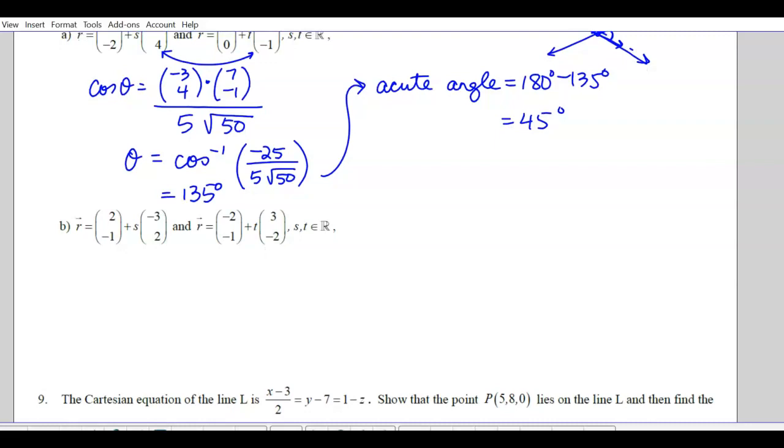So next one, notice that these are parallel. So what you have to check now is if they're parallel and distinct or exactly the same line. If they're exactly the same line, then the angle between them is 0. If they're parallel and distinct, then there's no angle between them. Okay, so how do you do that? You want to check if this point lies on this line.